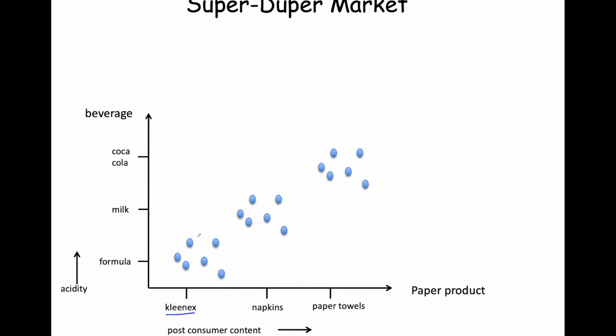And so for every customer purchase of a particular item or set of items, we can register each customer based on the things they buy. So this customer has bought Kleenex and baby formula. For example, this customer has bought paper towels and something that is closer to Coca-Cola.